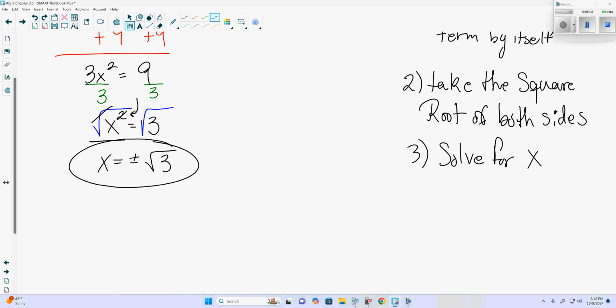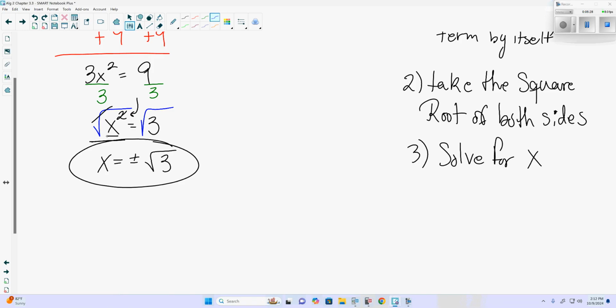Whatever x is, when we square it, it is being multiplied by itself. When we take a square root, we're trying to say what times itself is inside here. So those two counteract each other. Because in x squared, x is being multiplied by itself. The square root is saying what is being multiplied by itself. Well, that is x.